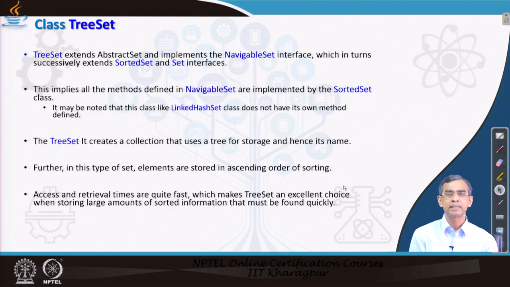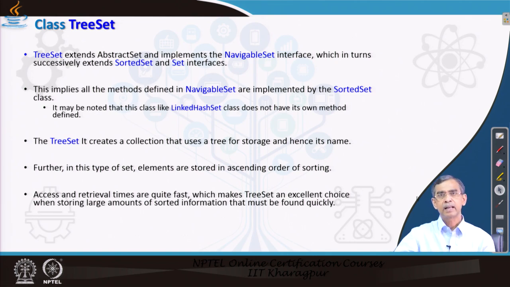It extends an abstract class called AbstractSet and implements the NavigableSet that we have discussed earlier, and it is a different internal representation of the collection in the form of a tree structure. The tree structure concept is different from the array structure or linked list structure.